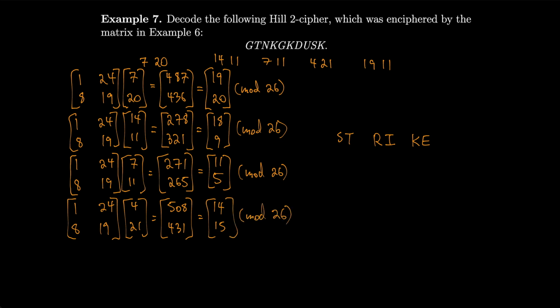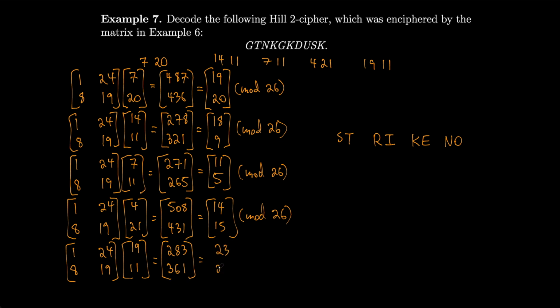So that gives us NO. Then [1, 24; 8, 19] times 19, 11 is 283, 361, which is 23, 23 mod 26.